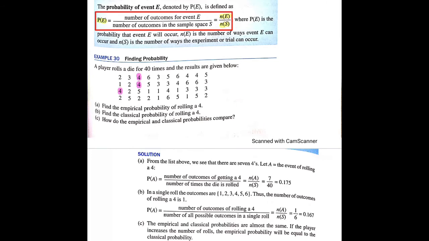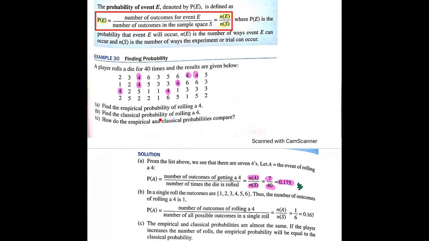So this is 1, 2, 3, 4, 5, 6, 7. The number of times we get 4 is 7, and we divide by the number of the sample space, which is 40. Your answer is 0.175.